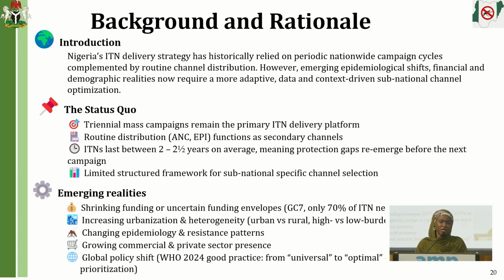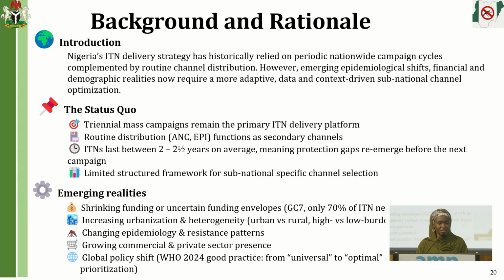Then we have a limited structured framework for channel distribution in Nigeria. Our guideline for continuous distribution, for example, was last updated in 2015. So that's quite a long time. So there's need to update it to accommodate the current realities and give proper guidance to the country.